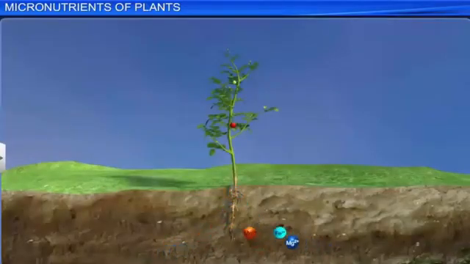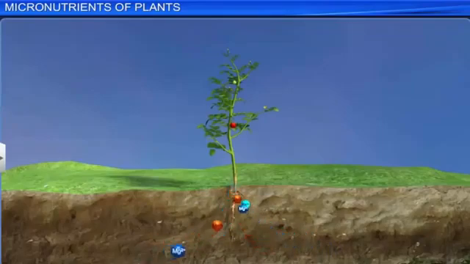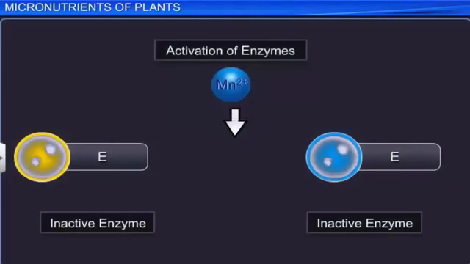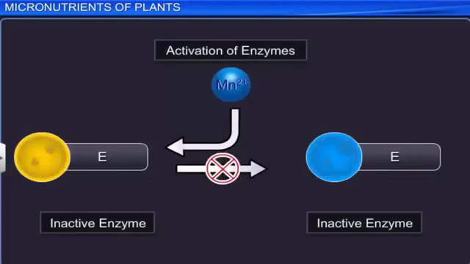Sometimes, due to the excess concentration of an element, the uptake of another element may decrease. For example, excess manganese competes with iron and magnesium for nutrient uptake. The excess manganese also competes with magnesium.